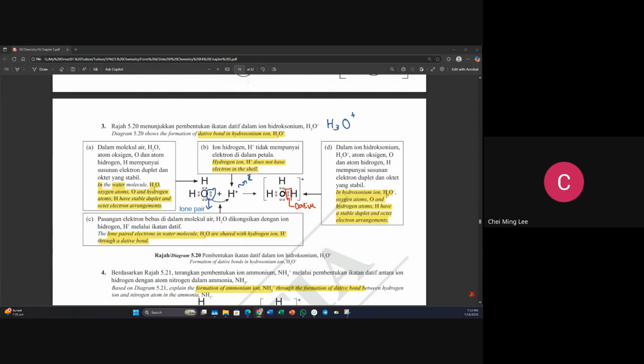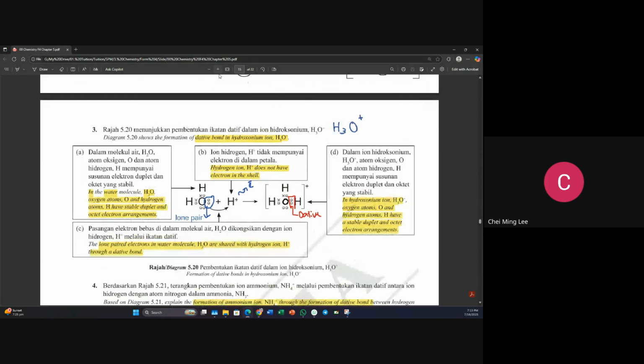In the hydroxonium ion H3O plus, the oxygen atom and the hydrogen atoms have a stable duplet and octet electron arrangement here. So this one is the dative bond.